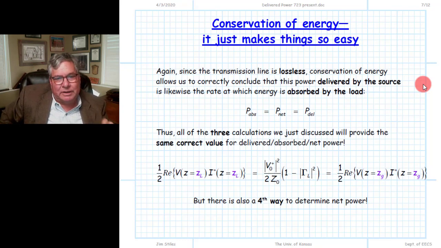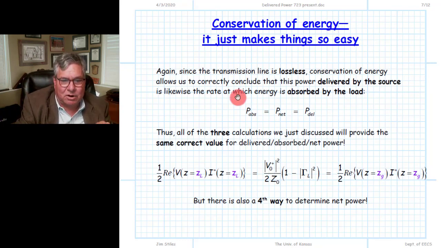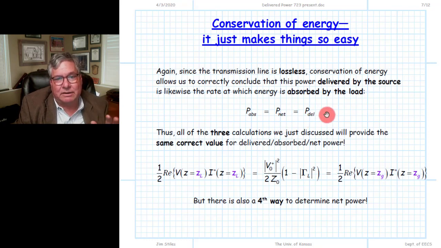But it's important to realize that, if we go back to our conservation of energy equation here, the power absorbed by the load is equal to the net power flow along the transmission line, which is equal to the power that's being delivered by the source. And so if we determine any one of these three, then the other two must be equal to it. In other words, all three methods will give us precisely the same answer, the same numerical value, assuming of course that we've done our calculations properly.